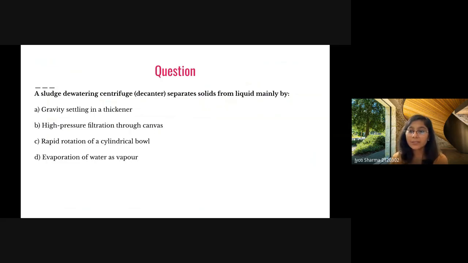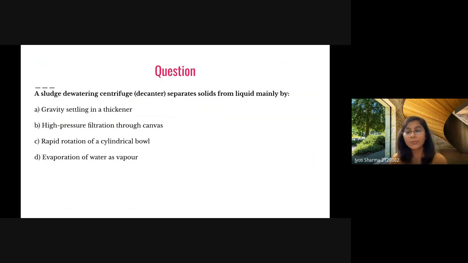Okay, another method of dewatering is the dewatering centrifuge, and that would separate solid from liquid mainly by gravity settling in the thickener, high pressure filtration through canvas, rapid rotation of a cylindrical bowl, or evaporation of water as vapor.